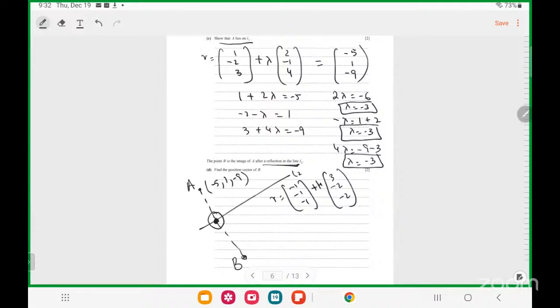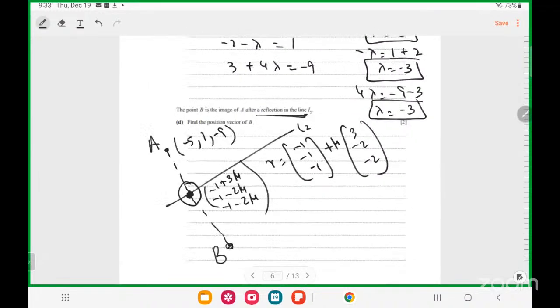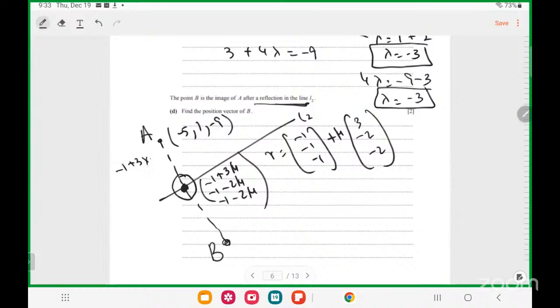सो प्लीज आइडेंटिफाई कीजिए कि ये पॉइंट ऑफ इंटरसेक्शन तो this point is (-1 + 3 mu, -1 - 2 mu, -1 - 2 mu). इसका डायरेक्शनल वेक्टर निकालें. (-1 + 3 mu + 5, -1 - 2 mu - 1, -1 - 2 mu + 9).